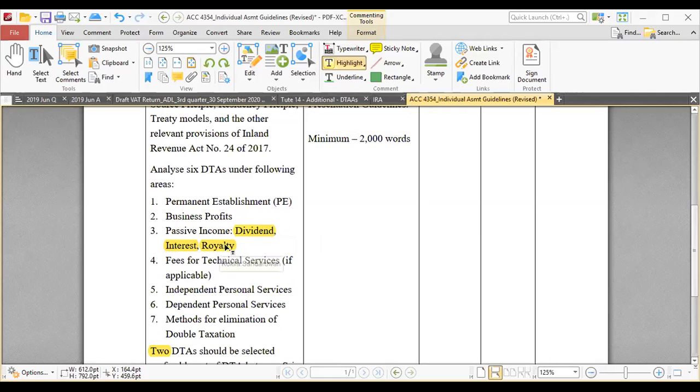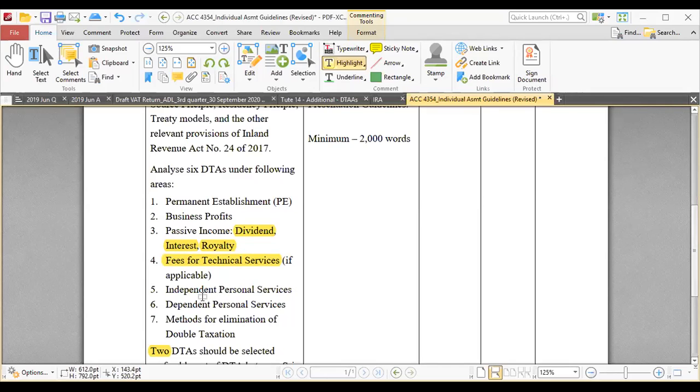When it comes to the Indian DTA, royalty and technical fees come under one article, because you have a technical fees article only in the case of India and Vietnam.